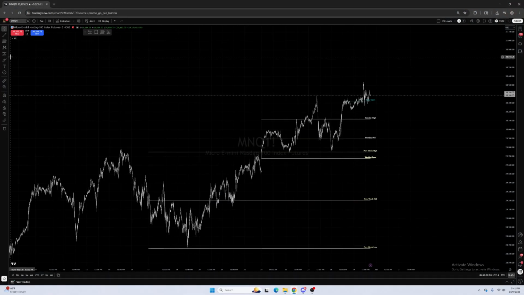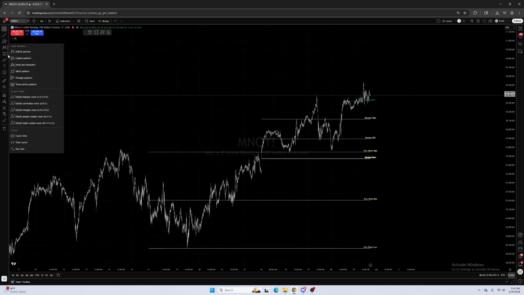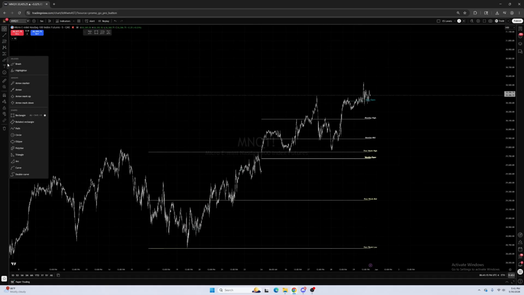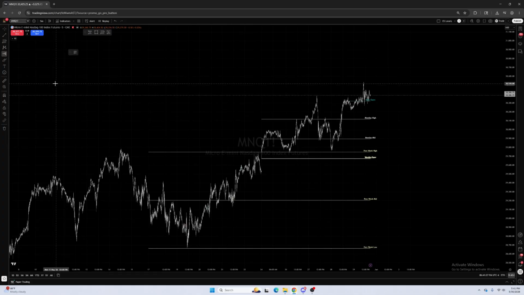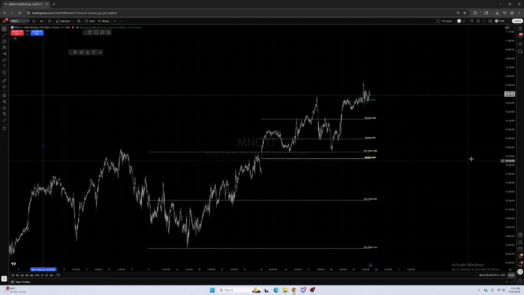And then we'll go quickly over how to set up TradingView to trade, right? So we'll go to the left side and we'll go to forecasting, and then we'll go to volume profile or anchored volume profile. I would put that one first.